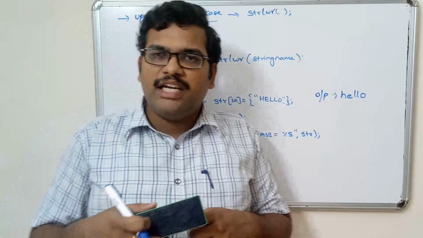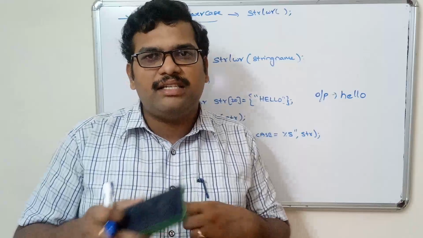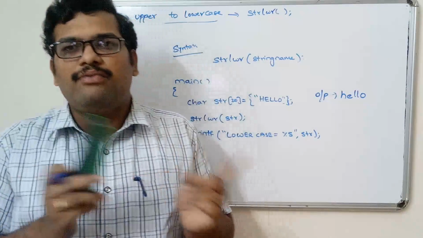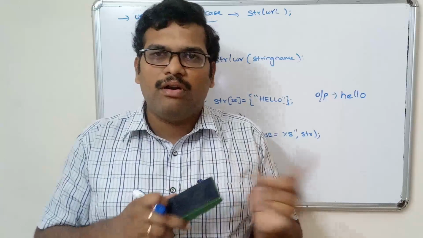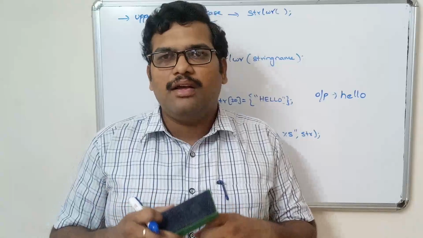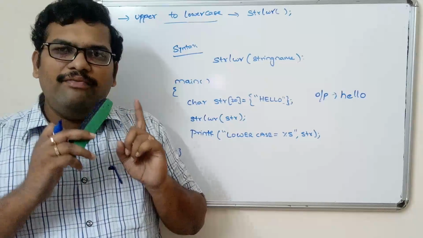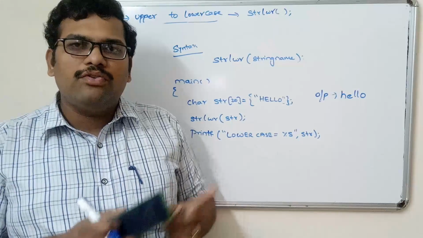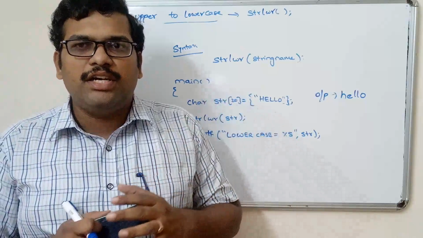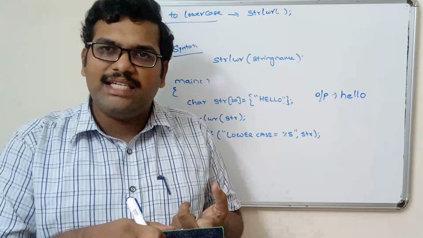And string comparison. So without using the strcmp function, we have to compare two strings and we have to return the ASCII difference, or we have to return the output whether the strings are equal or unequal. And similarly, for every operation, without using the string handling functions also we can implement the string operations. So we can perform the string copy without using strcpy.